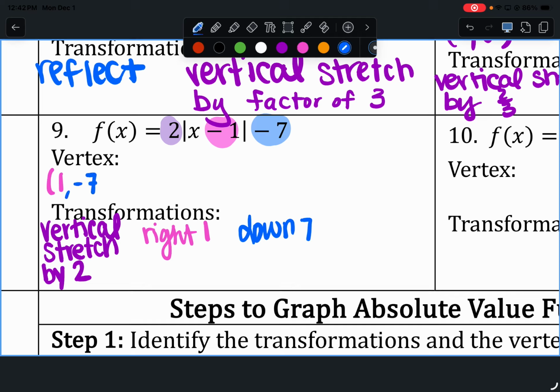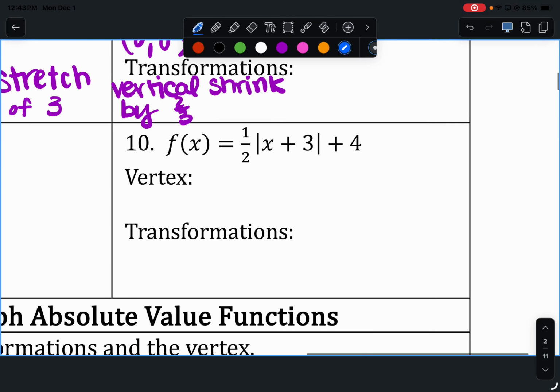So what is our transformations? Vertical stretch. Right 1, down 7. And our vertex is? 1, -7. Okay, what are our transformations for 10?